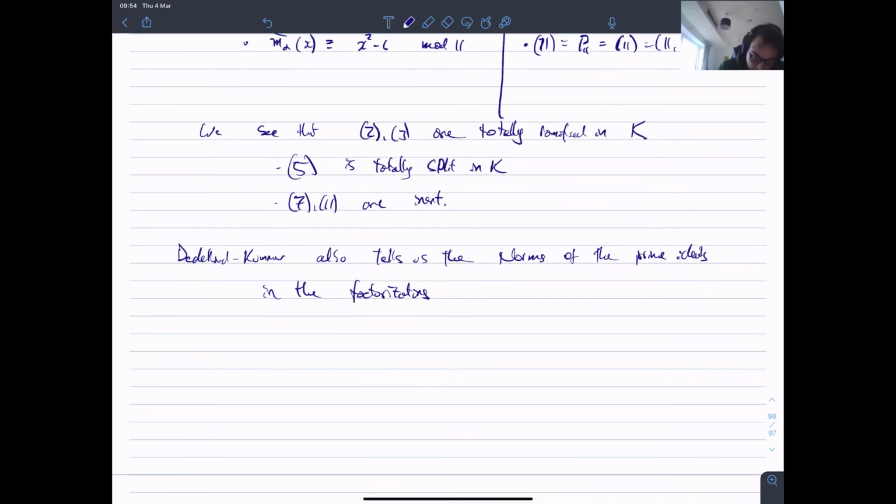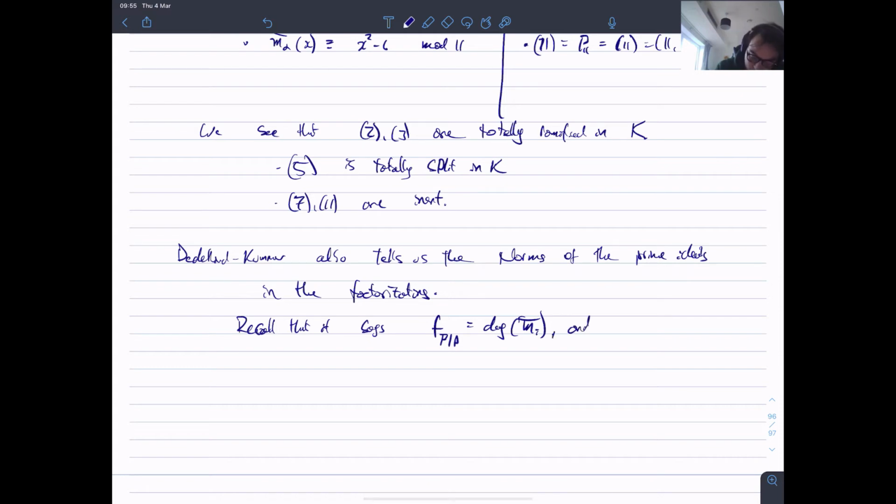So specifically, recall that the residue degree of P over p is the same thing as the degree of your relevant, say, M_i when you factored your polynomial. So we had something like this.